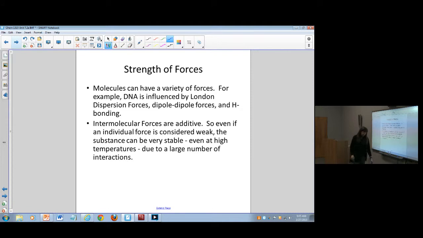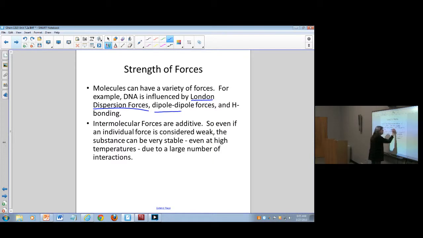Now, intermolecular forces are additive. They may not be very strong all by themselves, but there are often many kinds of intermolecular forces. You will always have some kind of London dispersion forces. Remember, those are always present. You just may not be able to tell as much about them, because there are other stronger forces.